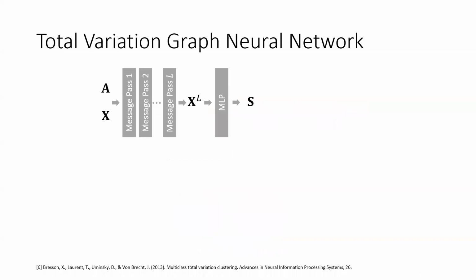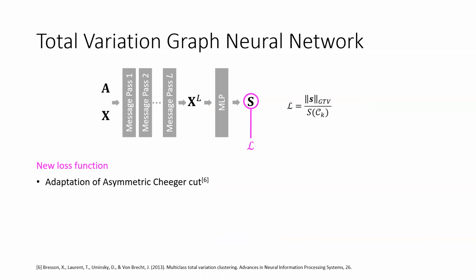We are finally ready to introduce the proposed total variation graph neural network, which consists of two main ingredients. The first is a new loss function, which is an adaptation of the asymmetric Cheeger cut. The original formulation consists of a ratio between the graph total variation of the cluster assignments and a balancing term.